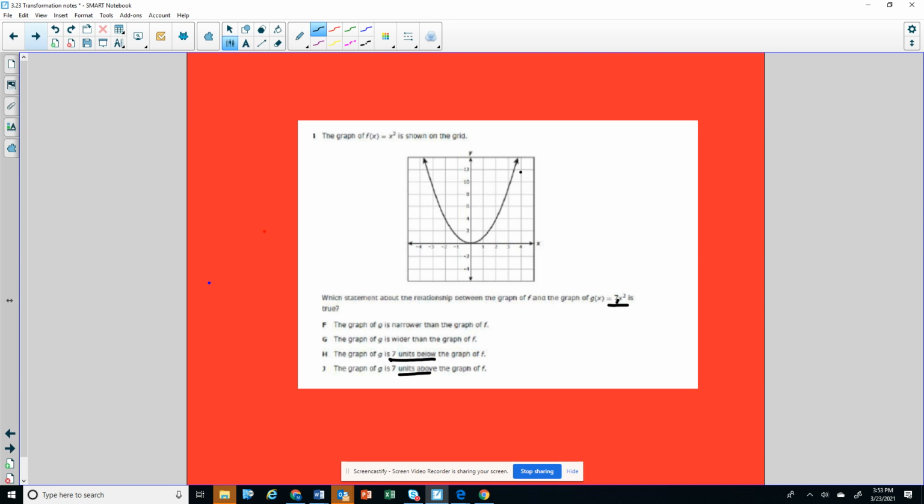The 7 just means that the graph is skinnier. You've got a vertical stretch. So it's not going to be H or J. So the correct answer is F. All right, G is narrower, or vertical stretch, or skinnier.